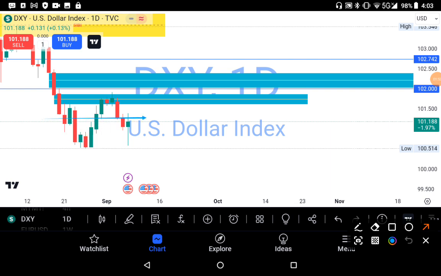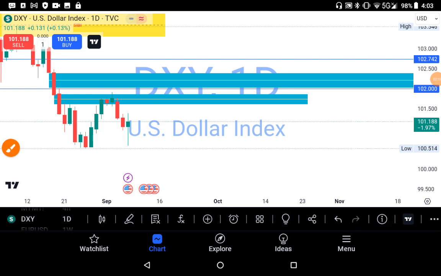It was unable to take that low. So the coming week, I'm still expecting 102 big figure to be delivered. So I'll stick to that until the market price takes this low. Only then will I change from being bullish to being bearish.